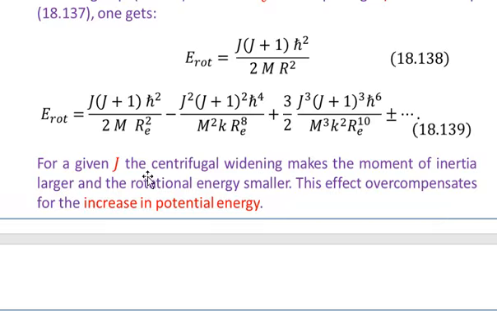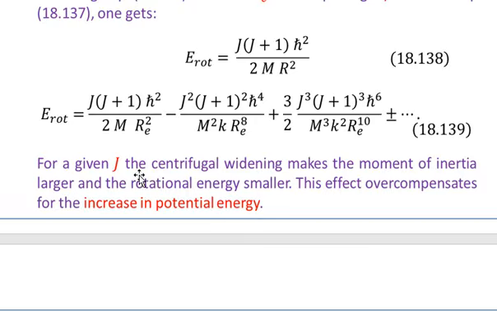For a given J, the centrifugal widening makes the moment of inertia larger and the rotational energy smaller. This effect overcompensates for the increase in potential energy. You know that the moment of inertia is I is equal to m r square or m Re square in this particular case, for example.